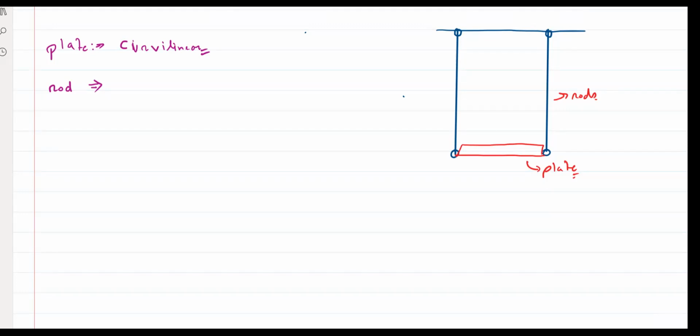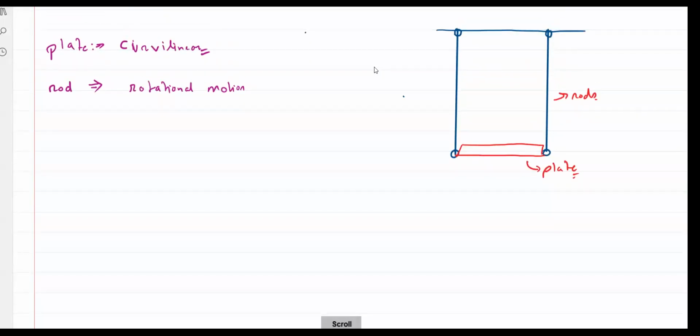But when you talk about the rod, it is rotational motion. Clear? Tell me, yes or no. Raise your hand. This concept is clear. Okay, awesome, very good.